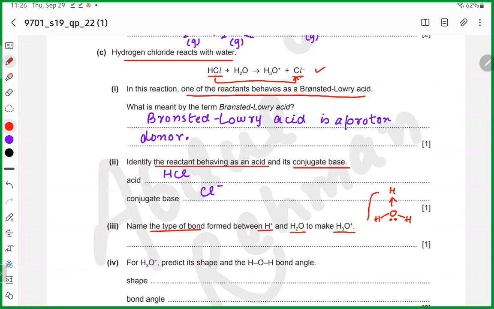As a result, we get the H3O+ ion. When H3O+ is formed from the combination of H2O and H+, a dative bond, or coordinate covalent bond, will form. Is this clear?